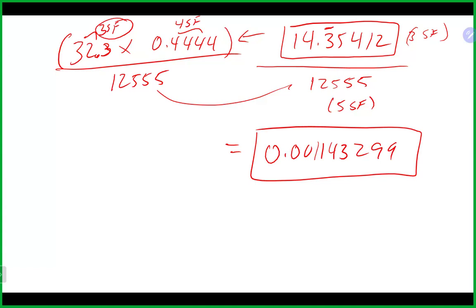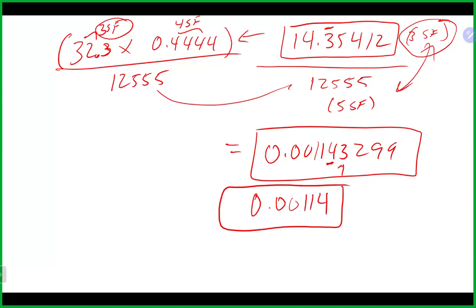Now I know the very last thing that I did was divide, which means I should be looking at significant figures. The smallest number of significant figures is 3. My final answer should end up right there. We would drop the rest of it, and we would end up with 3 significant figures.